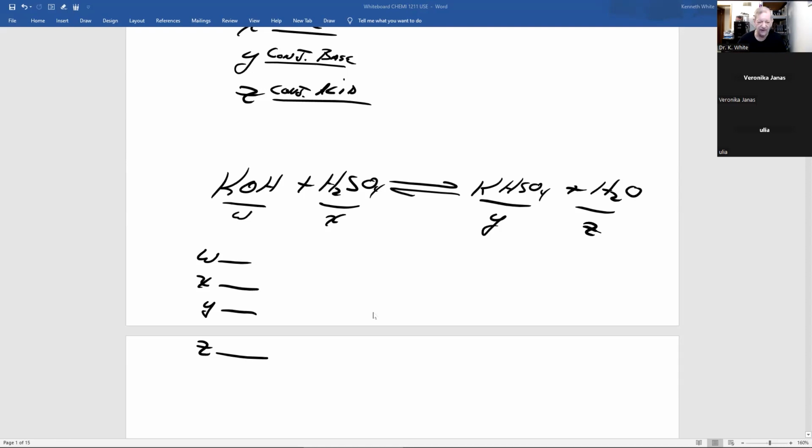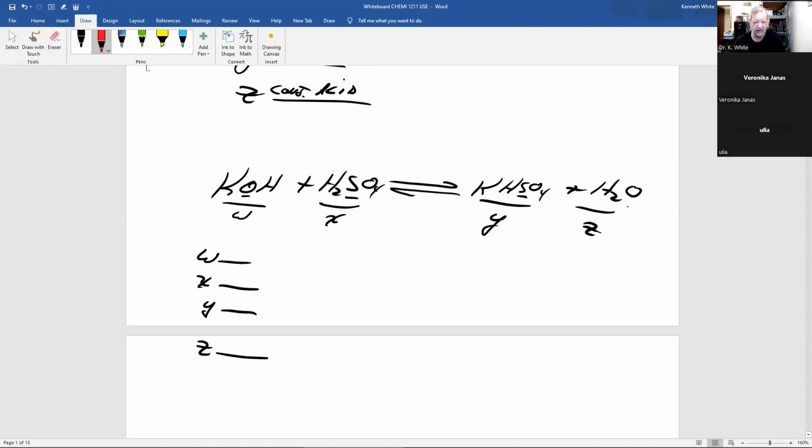All right, my turn. Let's look at KOH, potassium hydroxide. It's got an oxygen. Well, both of these have oxygen, so let's skip that for a second. Let's look at H2SO4. This has a sulfur. This is the only thing that has a sulfur. So they have to be conjugates.